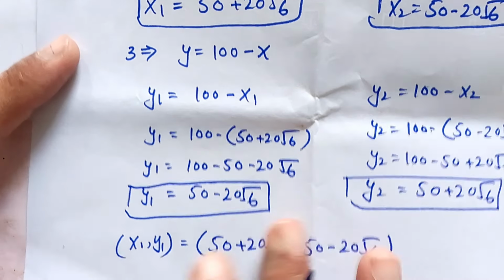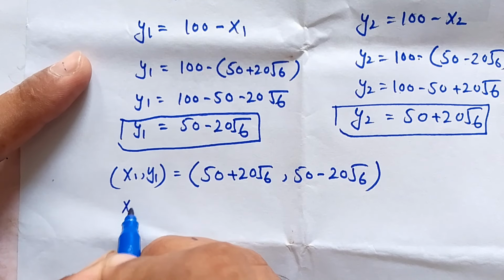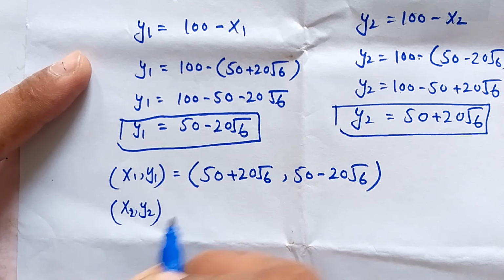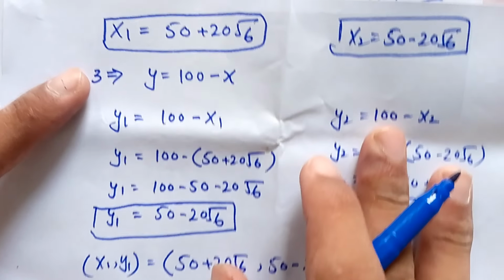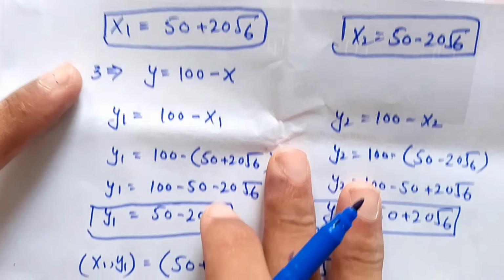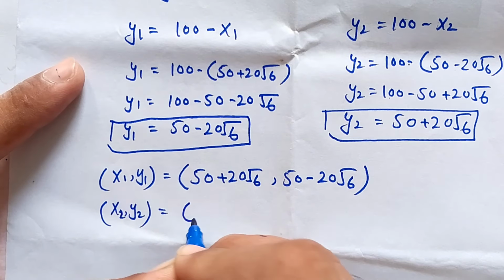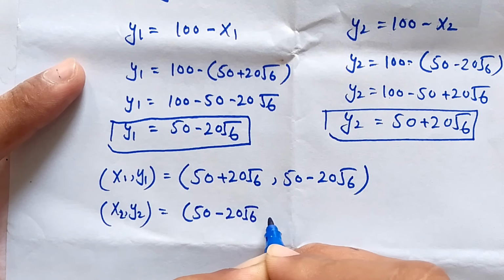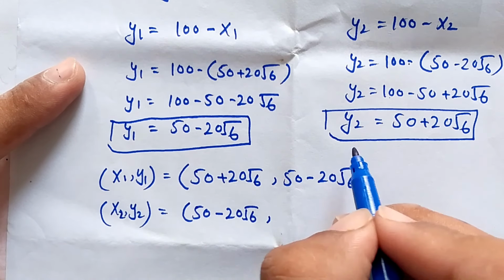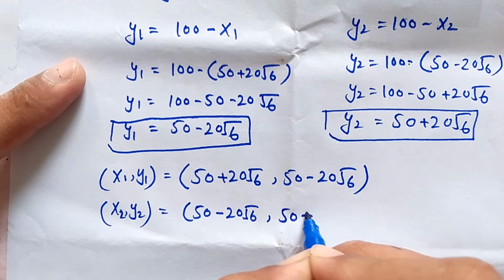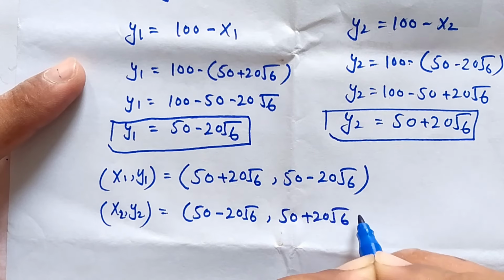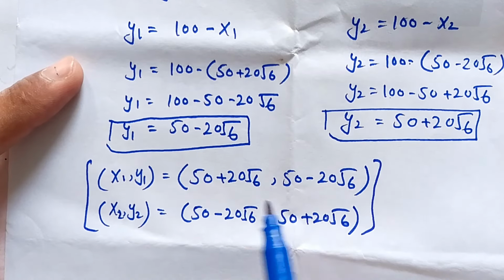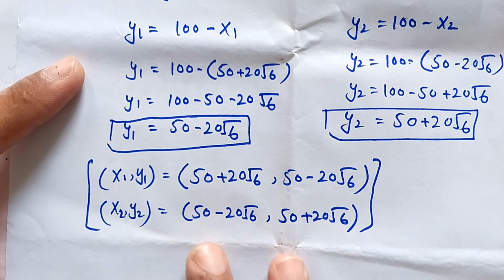Now x2 and y2: x2 is 50 minus 20 square root of 6, and y2 is 50 plus 20 square root of 6. So these are the values of x and y and the answer of this interesting question.